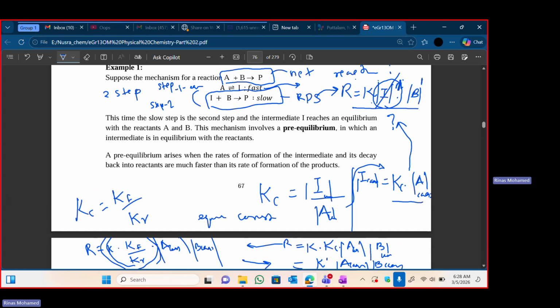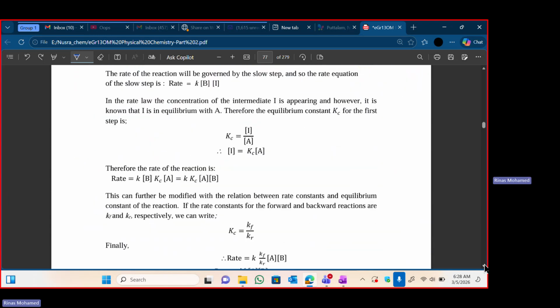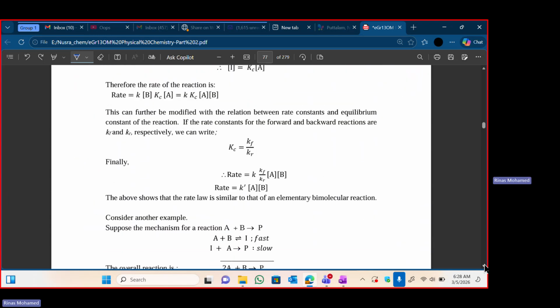Likewise, we can derive equations, but the intermediate is no longer in the rate law, since I have replaced it. Although A is not participating in the RDS, we can take A into the rate law in cases where a pre-equilibrium exists.